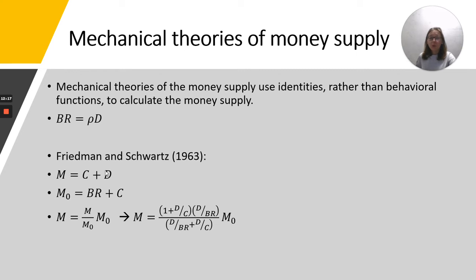Based on Friedman and Schwartz, we can look at how the money supply function is derived. Remember, we said that all the money is equal to the cash and deposits that come from the public behavior, the public function.